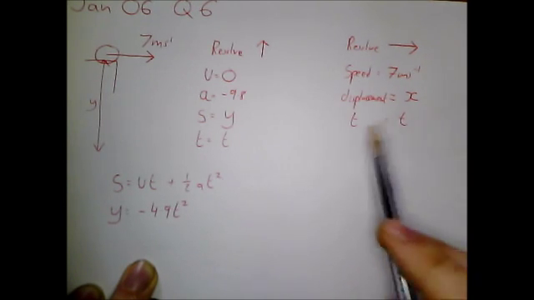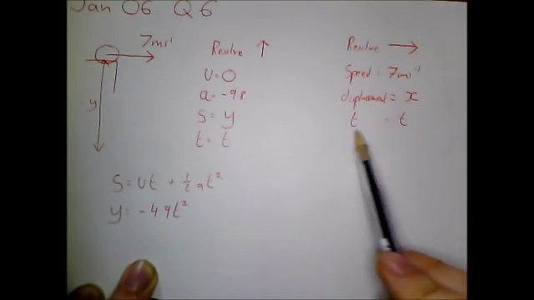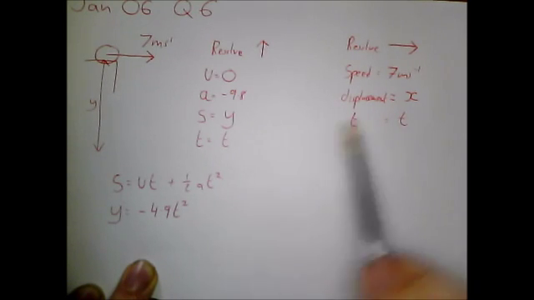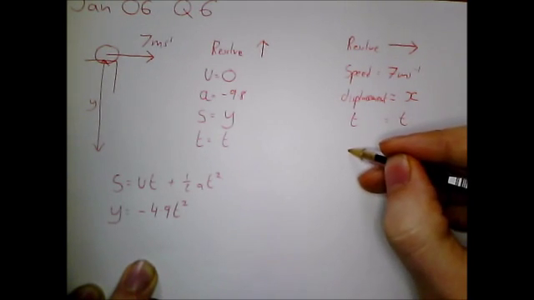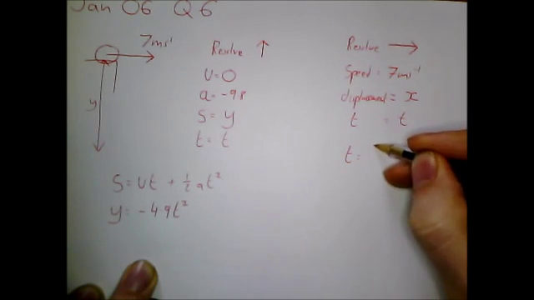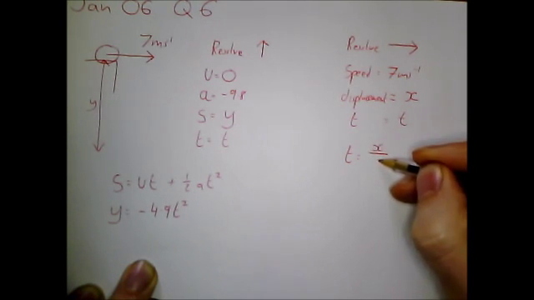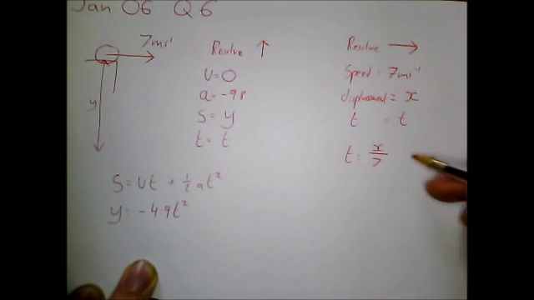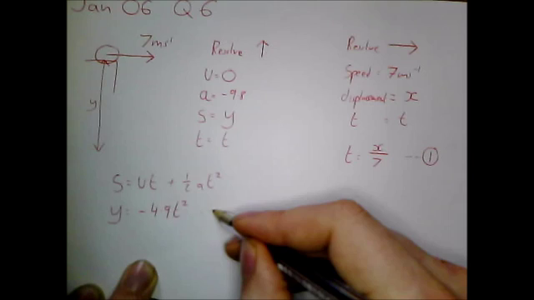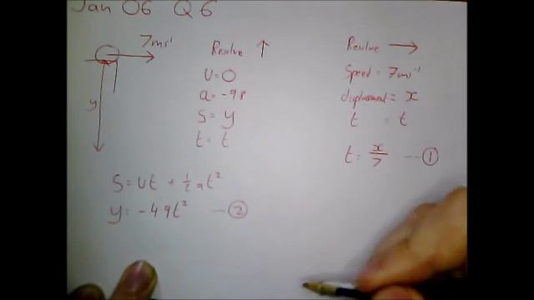In order to make this one equation, we've got t that links to both of these. So time is a displacement x over a speed 7. Let's call this equation 1 and the vertical one equation 2.